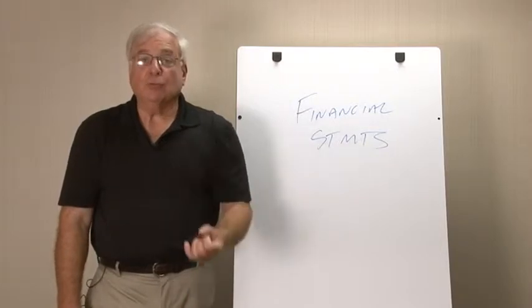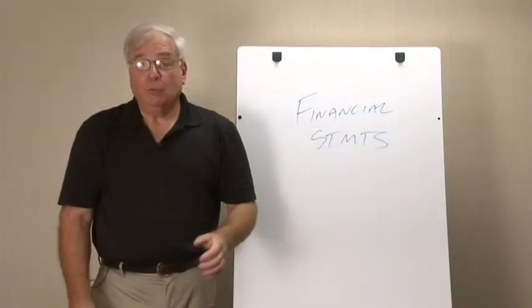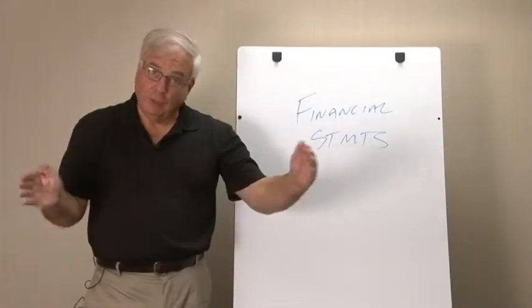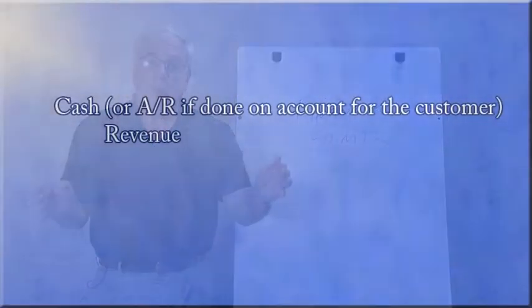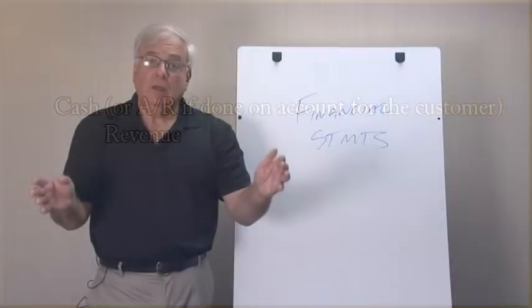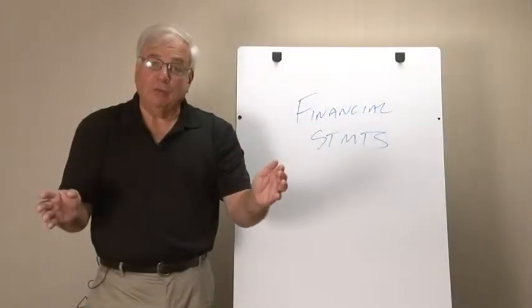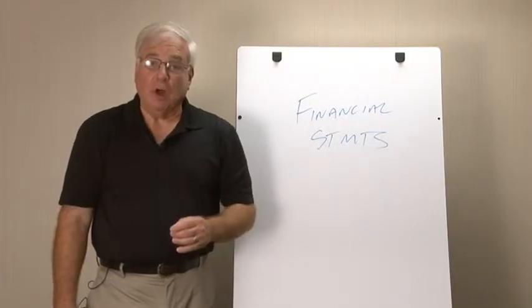Now, first we'll look at the revenue account. You remember what the revenue account's job was. It was to accumulate how much revenue had been earned during a period of time. So when it comes time to do the income statement, the revenue account is one of the types of accounts that we're going to want.